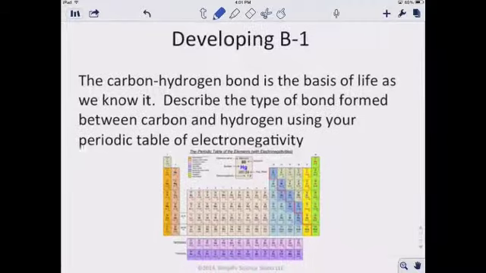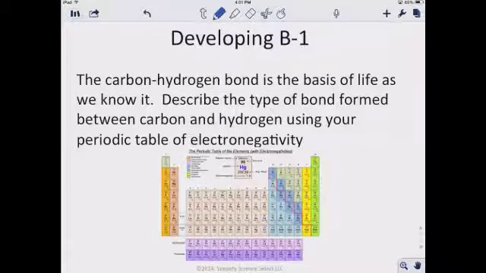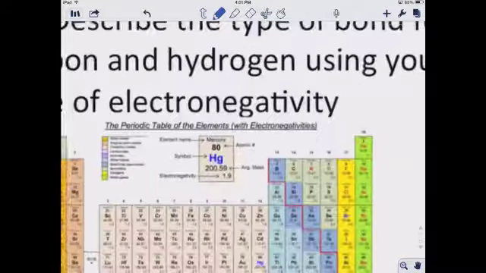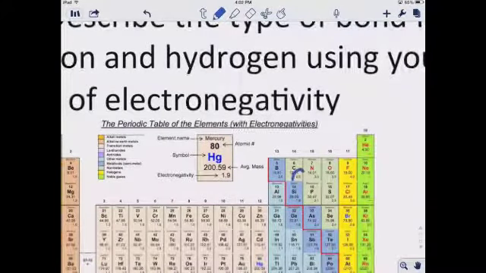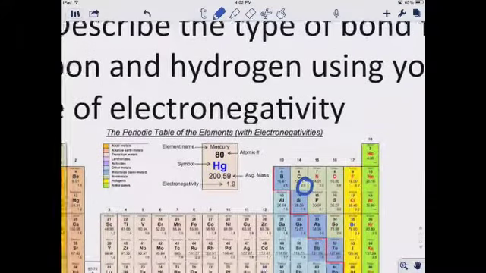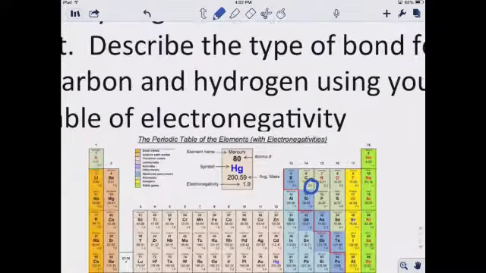Looking at this, it says the carbon-hydrogen bond is the basis of life as we know it. Describe the type of bond formed between a carbon and hydrogen using your periodic table of electronegativities. So when we're looking at that carbon-hydrogen bond, carbon's going to have about a 2.5, and hydrogen's going to have a 2.1.